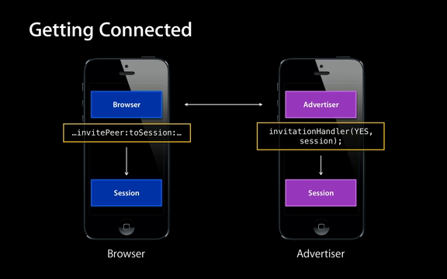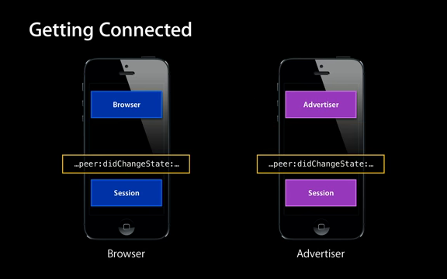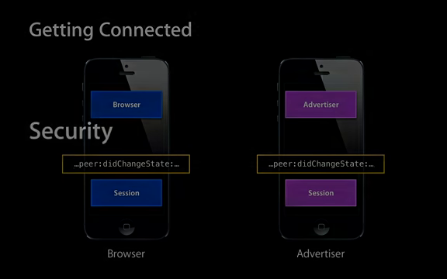And the advertiser's session object is notified which peer you want to connect to when you call the invitation handler. When that happens, much like before, the two session objects will attempt to establish a communication link with each other, and when they're done, you will be notified via a delegate method, peer didChangeState. So that was programmatic discovery.